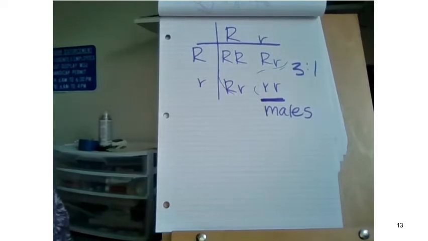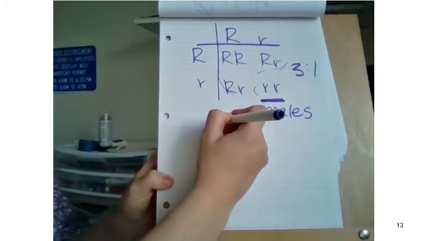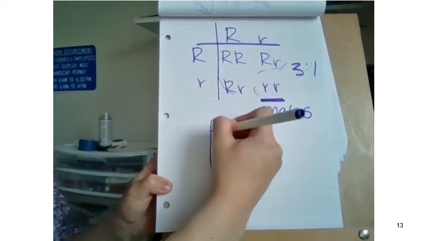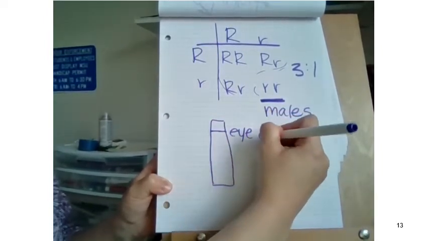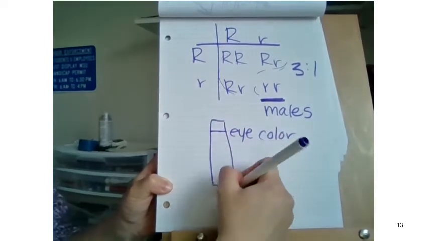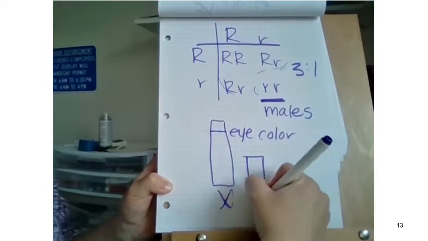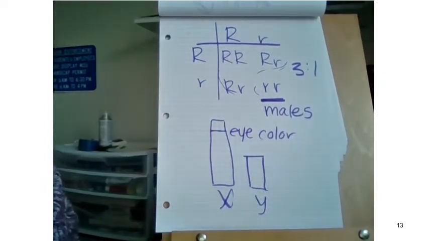And so that's telling us that this gene has some correlation with sex. And so what turns out to be the case is that this gene for eye color is found on the X chromosome, and it is just not even present on the Y chromosome.